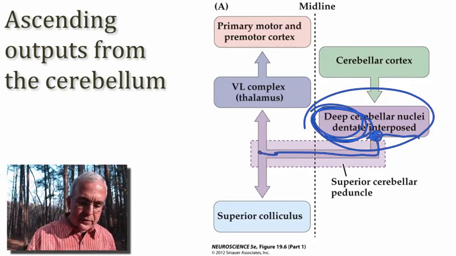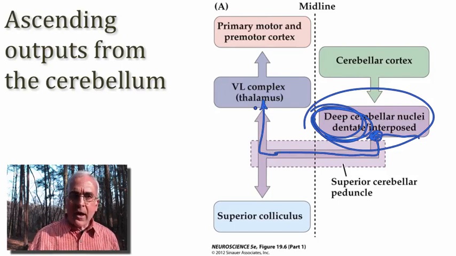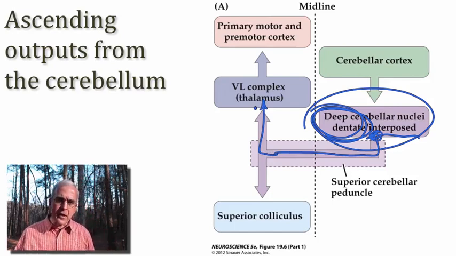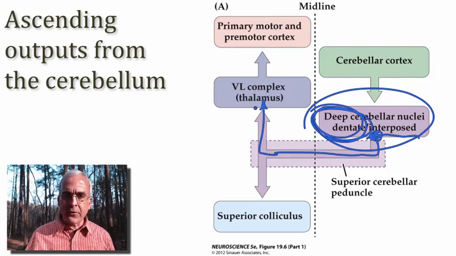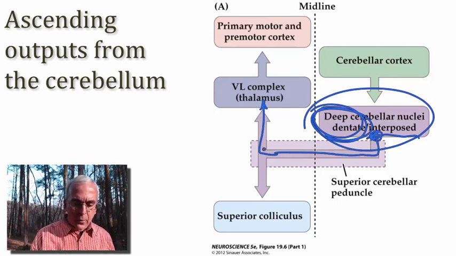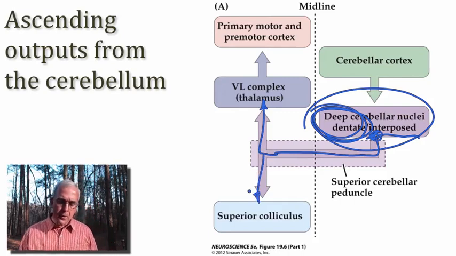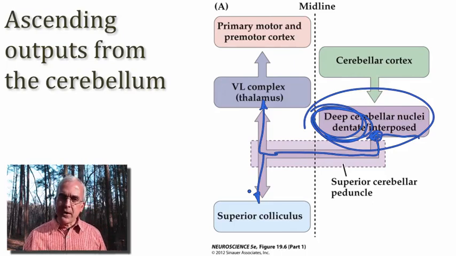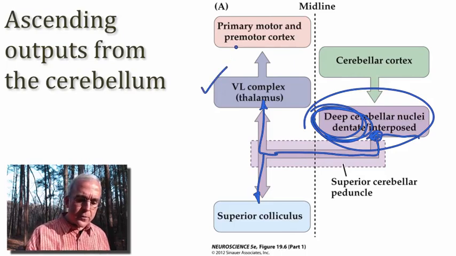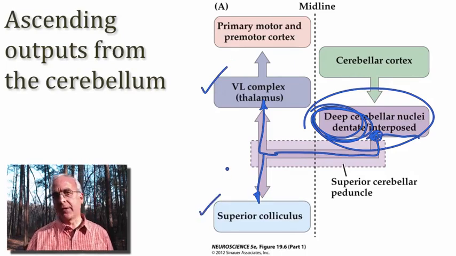And some of these axons will ascend and terminate in the ventrolateral complex of the thalamus, the ventral anterior nuclear group. There are other axons that will terminate among upper motor neurons in the superior colliculus. Probably not the same axons, but nearby axons. So these ascending outputs target the motor thalamus and the superior colliculus.